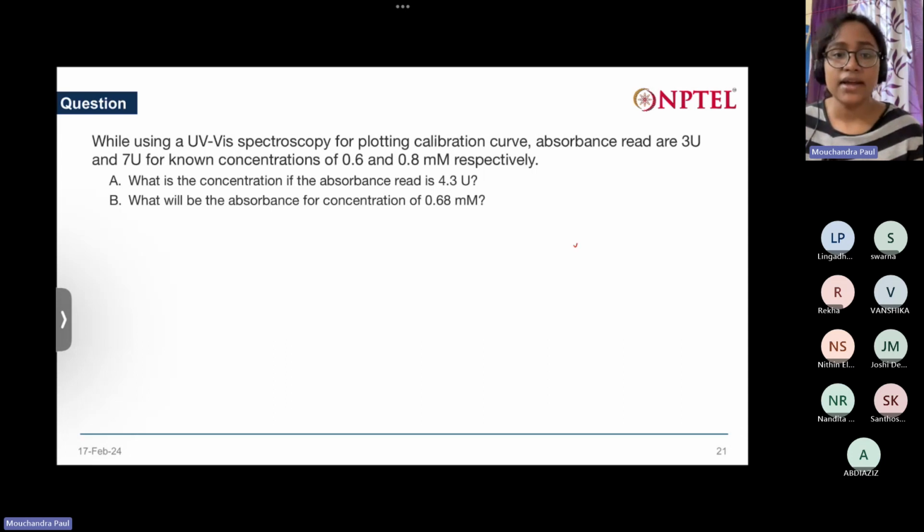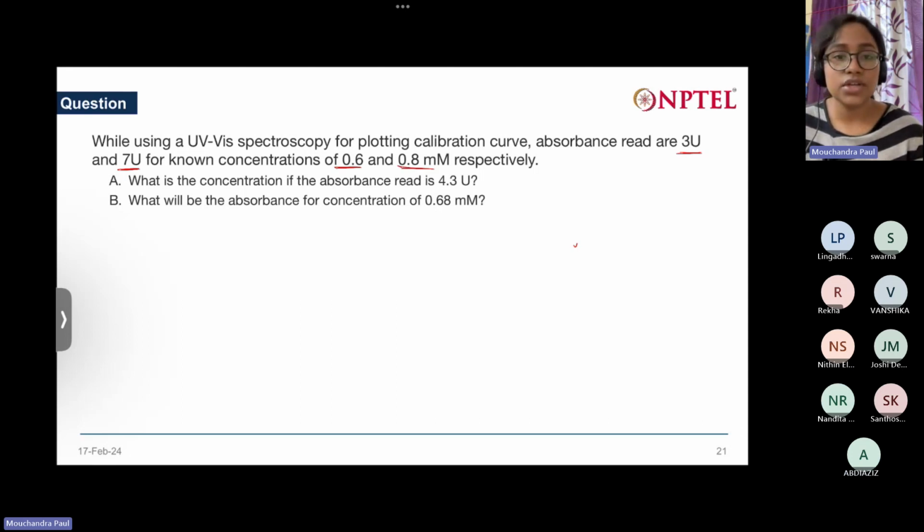The known values that you have are the absorbance readings. You got 3 units for a concentration of 0.6 millimolar, whereas you got 7 units for 0.8 millimolar.